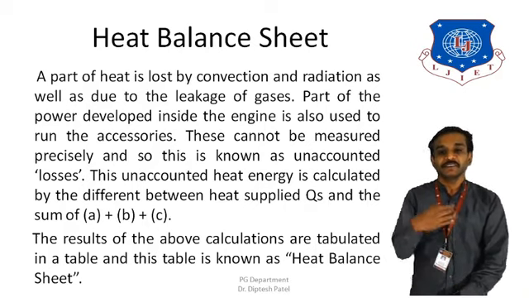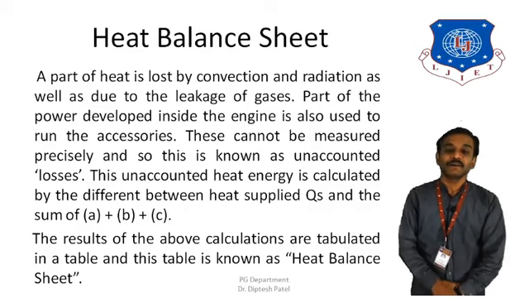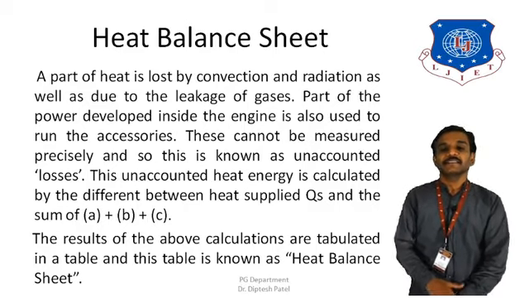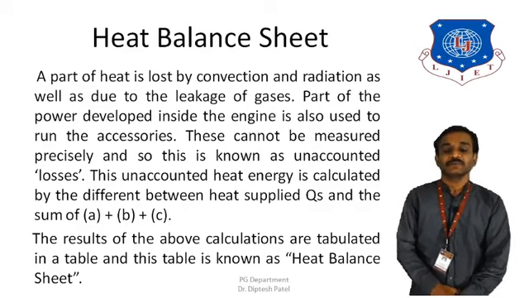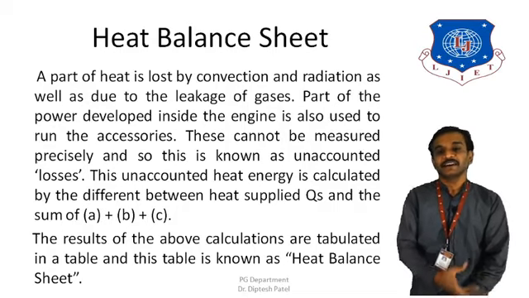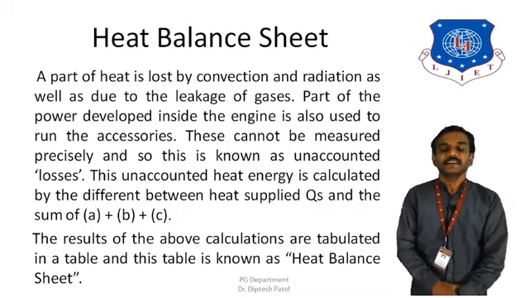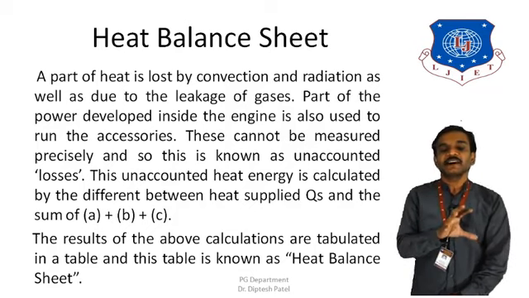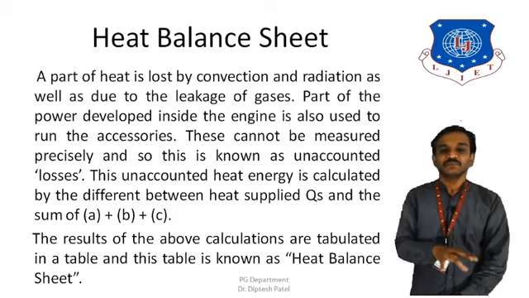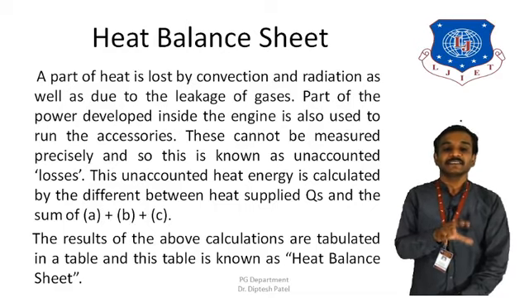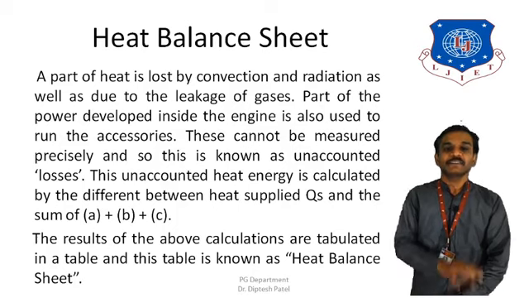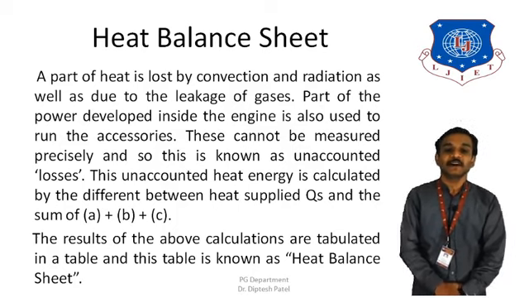We need to run the fuel pump, camshaft, and many other equipment such as water pump as well, or the radiator. So a certain amount of power is consumed by all these accessories, and therefore this is also considered as unaccounted losses. So whatever cannot be measured precisely is known as the unaccounted losses.